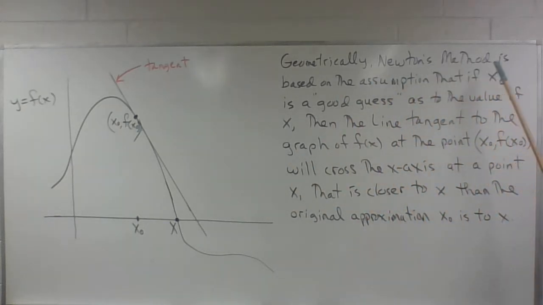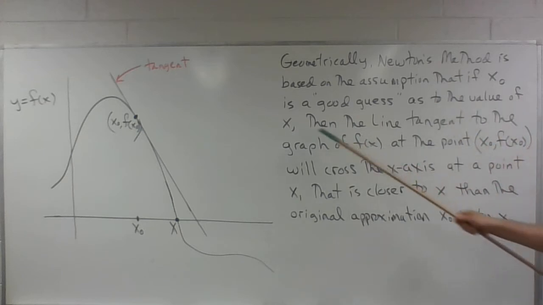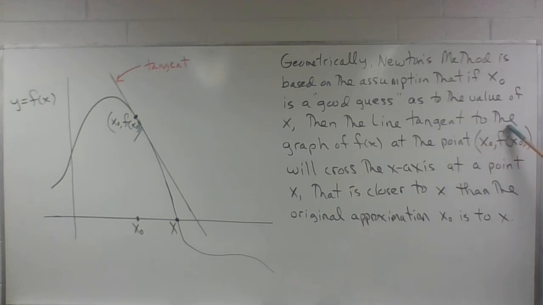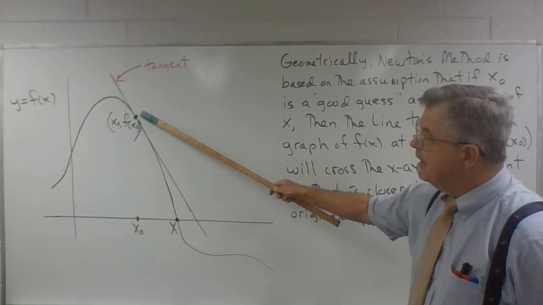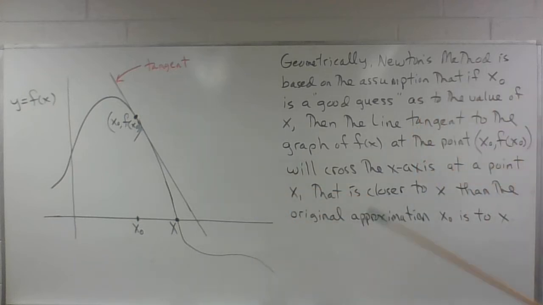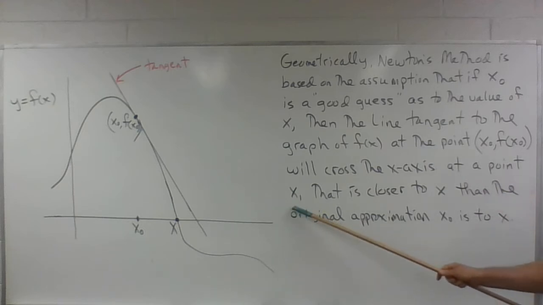Geometrically, Newton's method is based on the assumption that if x naught is a good guess as to the value of x, our solution, then the line tangent to the graph of f of x at the point x naught, f of x naught, this tangent right here, will cross the x-axis at a point x of 1.